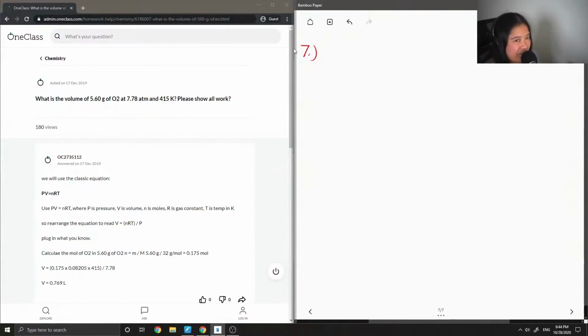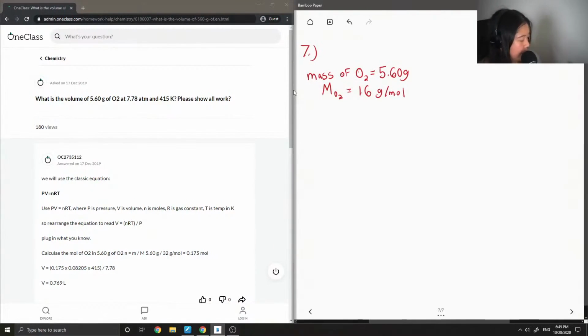Okay, so first I'm going to write down everything that we know. We know the mass of oxygen, and it is 5.60 grams. I'm actually also going to write the molar mass of oxygen, which is 16 grams per mole.